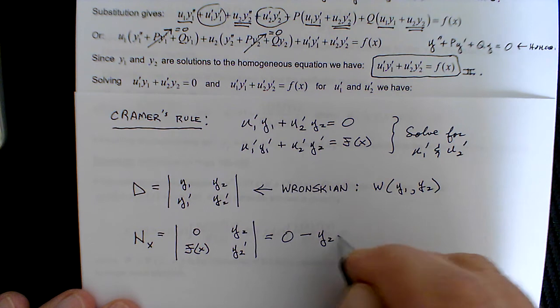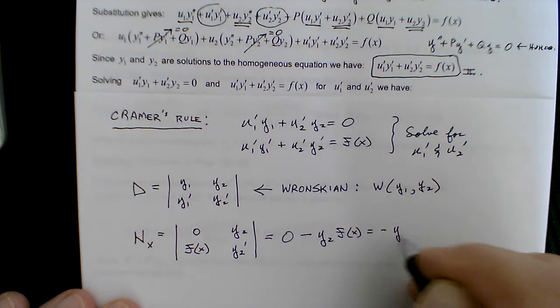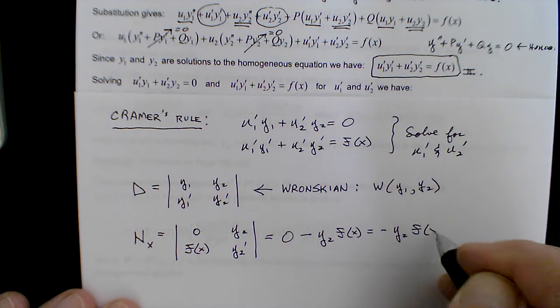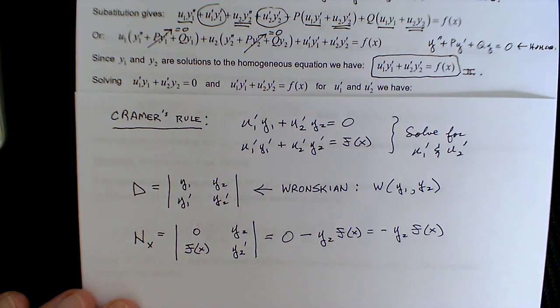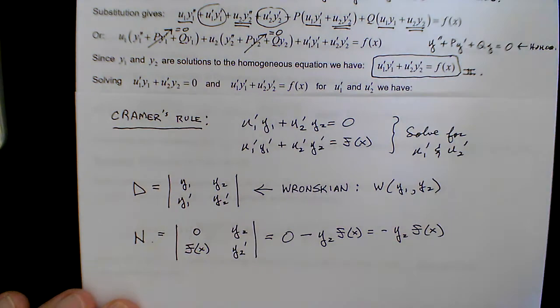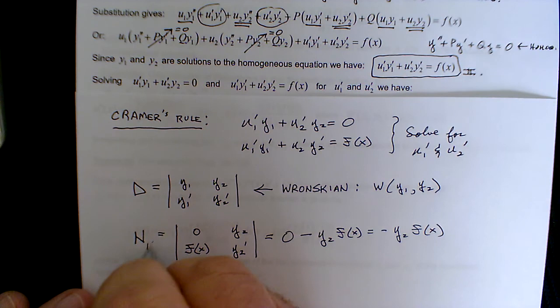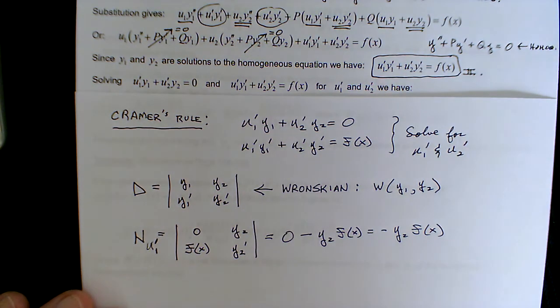I'll write it as y2 f of x. So minus y2 f of x for the numerator of x. Or actually, to be even more efficient, call this the numerator of u1 prime, because that's what it is.